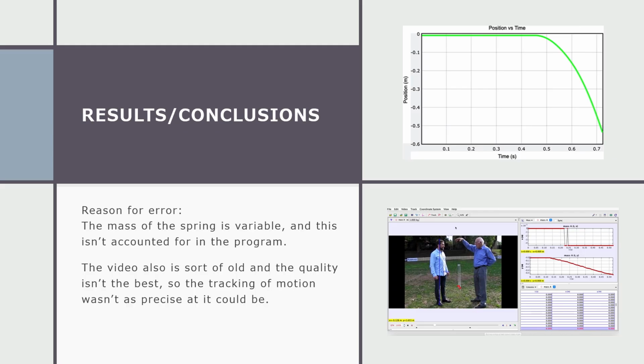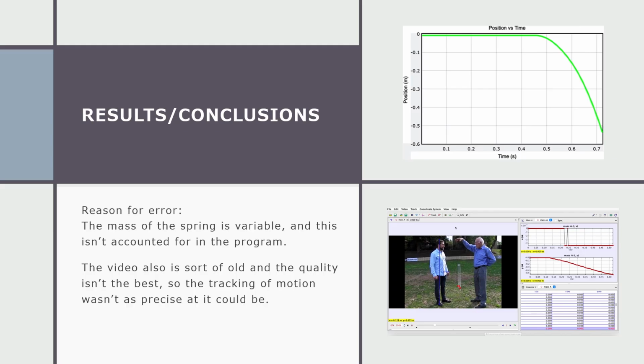The video is also old, and the quality wasn't the best, so the tracking of the motion probably isn't super perfect. The frame rate is not great, and also the mass of the spring is variable, and I wasn't able to account for this in the program, just because it would have been a lot of work on my part.